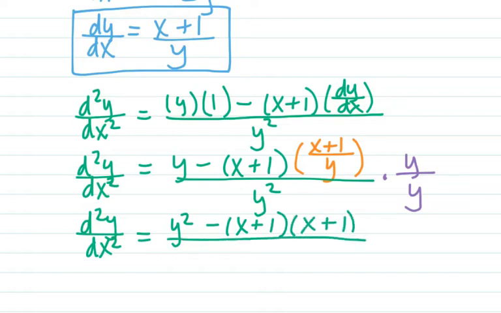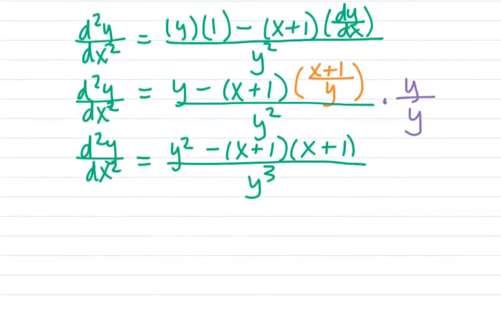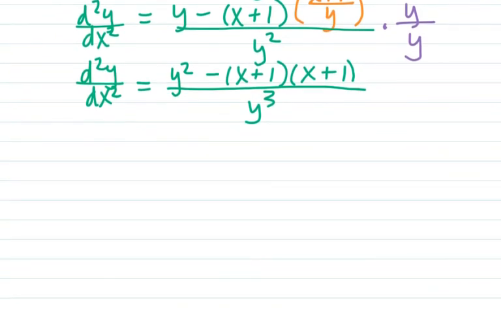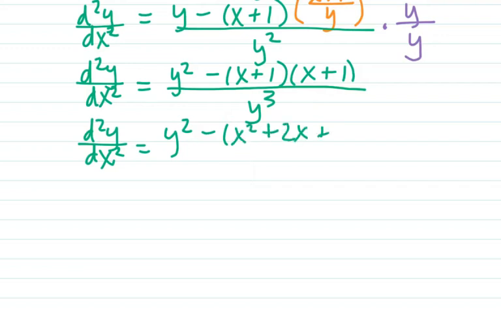And then we multiply the denominator by y. Oh, that was supposed to be purple. There. And that's just going to give us y cubed. Let's try to distribute some stuff, and something magical is about to happen. So x plus 1 times itself is going to be x squared plus 2x plus 1 all over y cubed.